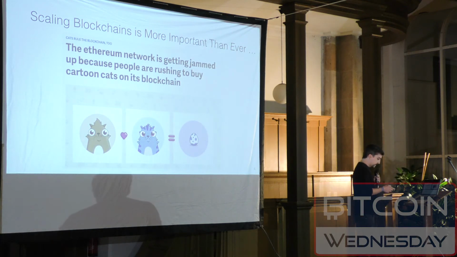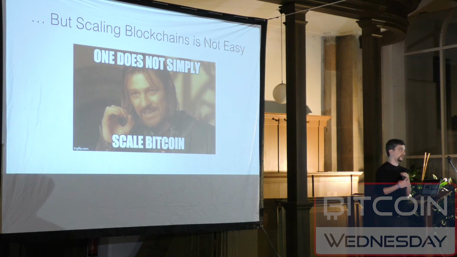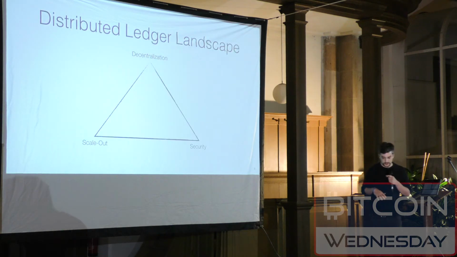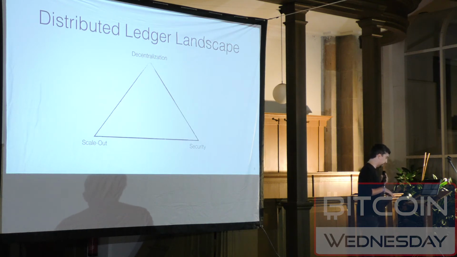All right. So, but scaling blockchains is not easy at all. So you cannot just go in and simply scale the Bitcoin blockchain. So many people have attempted to do that, and now I wanted to have a look at the different ways that people attempted to scale blockchains.